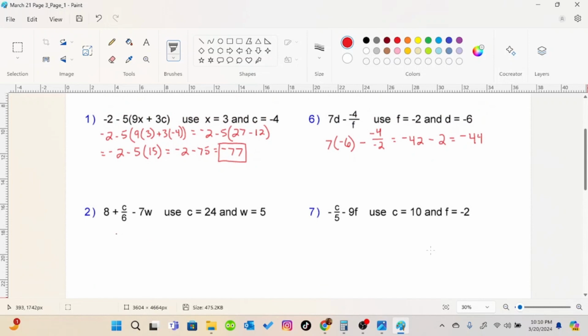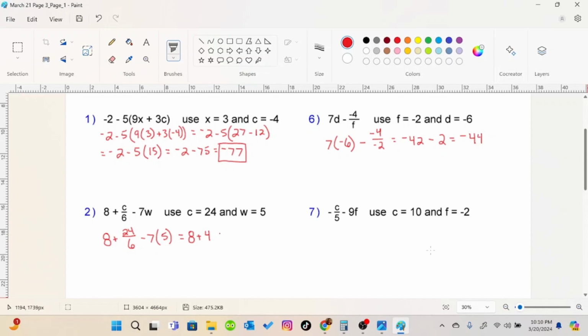Number 2. We're going to substitute 24 in for C. And we're going to substitute 5 in for W. 24 divided by 6 is 4.